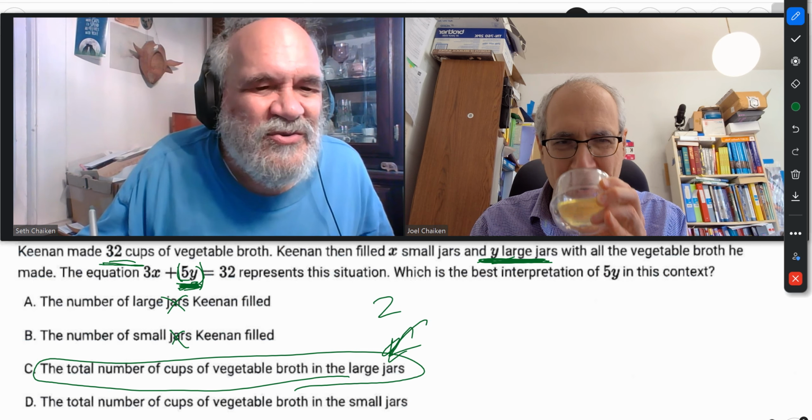We should aim to think or feel that when we read this, we know what X is. X is a number, a counting of the small jars that he filled. In the same way, Y is the number.